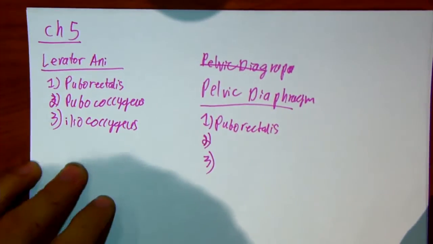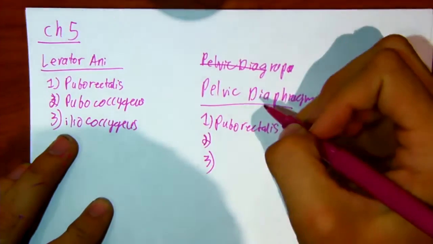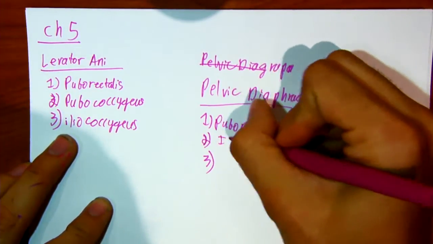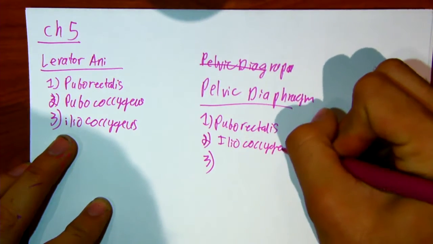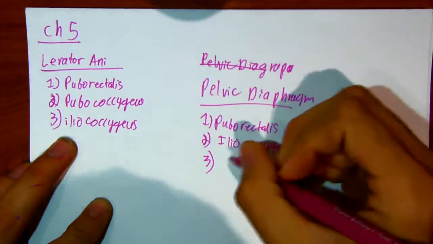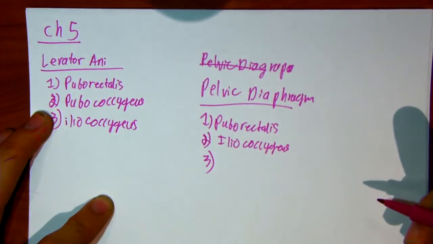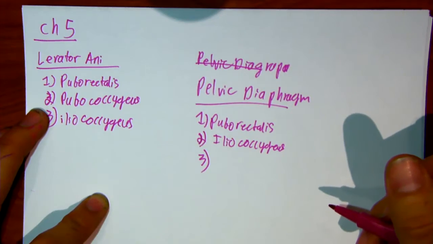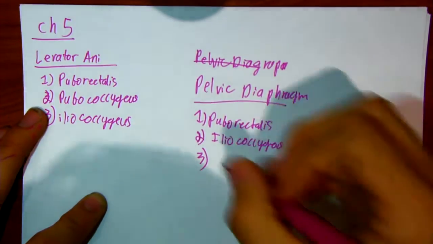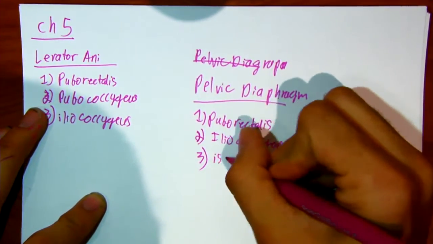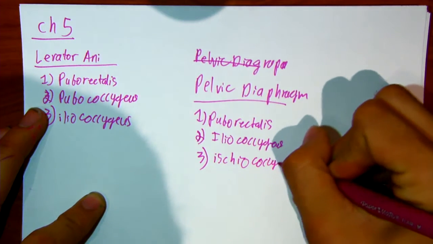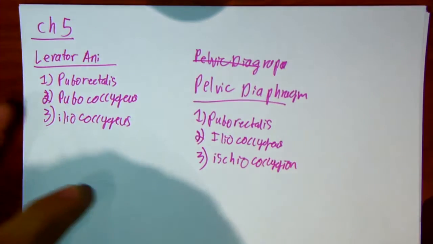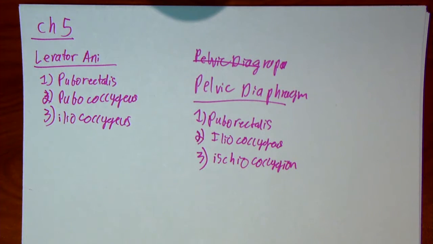Similar to the levator ani, we'll also see the iliococcygeus. Now here, the main difference is instead of pubococcygeus, we'll see what? Ischiococcygeus. Good. These are two pretty simple structures that a lot of people forget to look at.